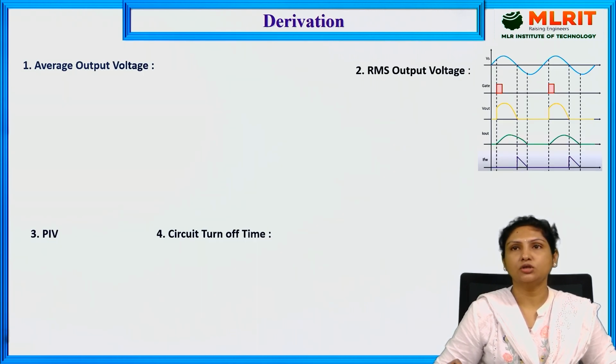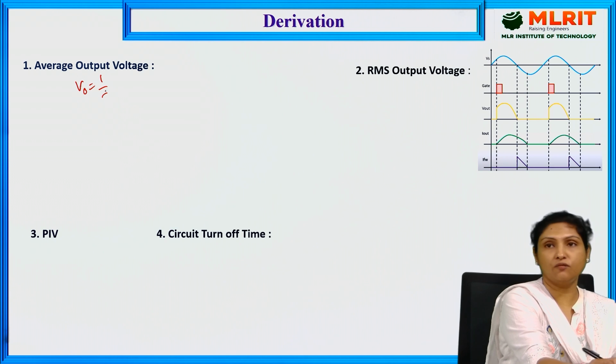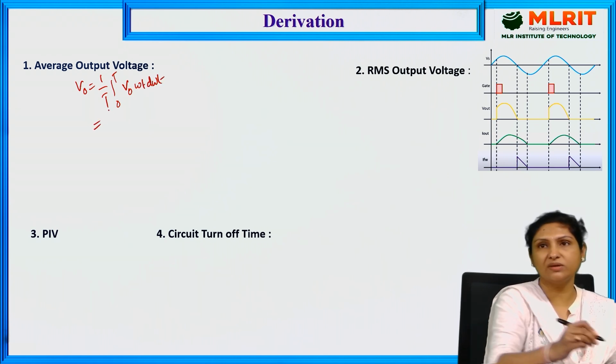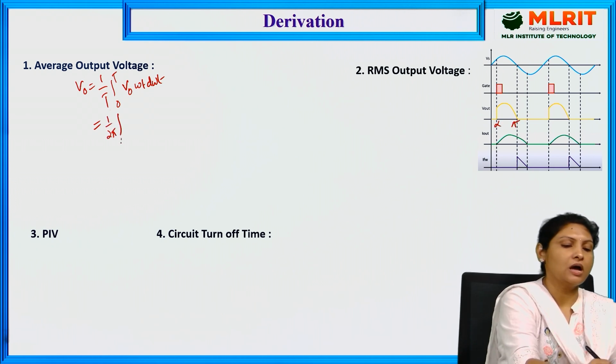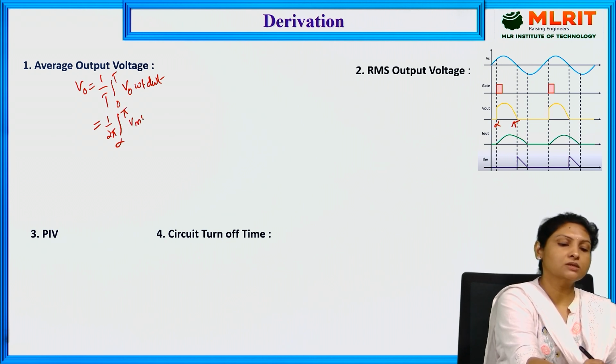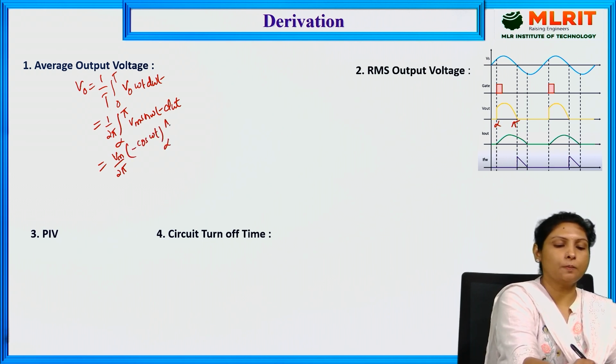Coming to the average output voltage. The general formula is V0 equals 1 by T, integral from 0 to T of V0 of omega T d omega T. Here every similar cycle repeats for 2 pi, so 1 by 2 pi, and the actual waveform is present from alpha to pi, where V0 is equal to Vm sin omega T d omega T. Bringing the constant out, Vm by 2 pi, and integrating sin omega T gives minus cos omega T. Within the limits alpha to pi, we get Vm by 2 pi times minus cos pi minus of minus cos alpha.